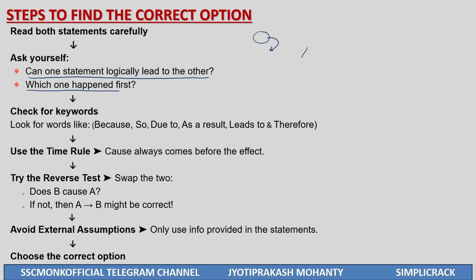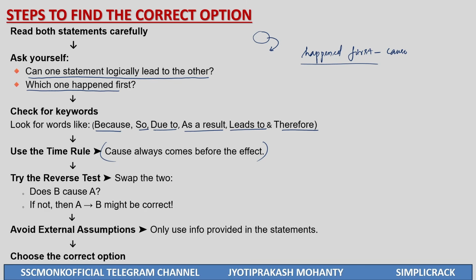Whichever happened first, that is the cause. Okay, because of that the effect is happening. Now, what you need to do? You need to check the keywords like because, so, due to, as a result, leads to, therefore. Now, you will be checking the time rule that I have already said. Cause will always come first before the effect. So in the given statements, you need to see which statement happened first.